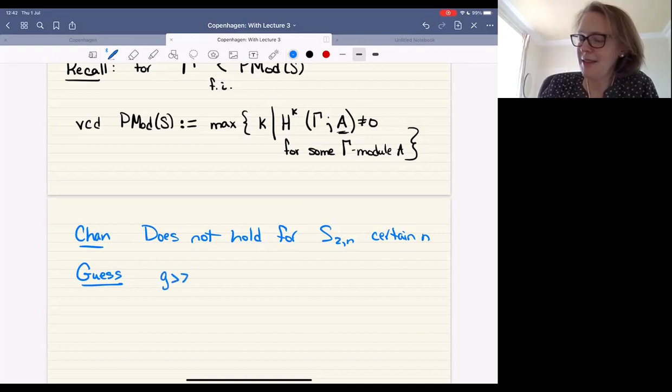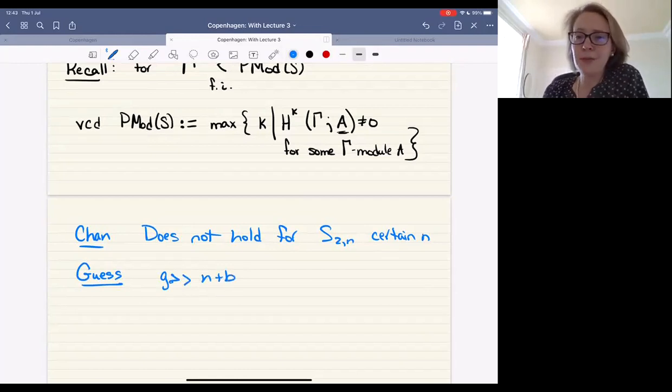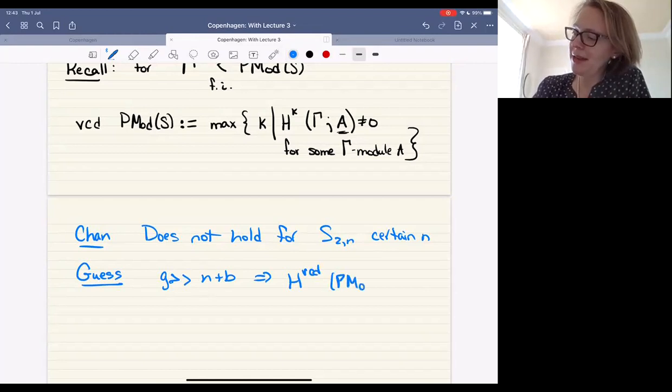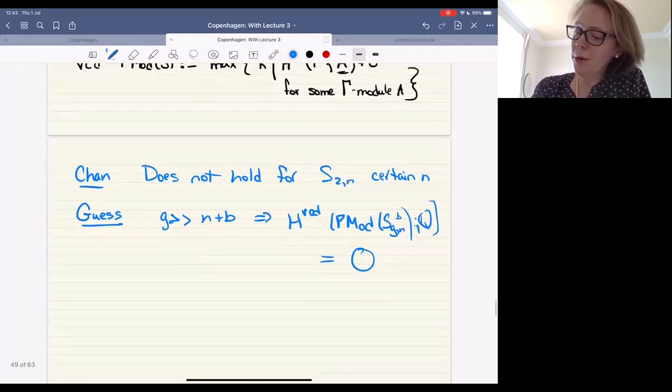Our guess is that if the genus is high with respect to the combined number of marked points and punctures, then what our calculations seem to hint is that this might be enough to guarantee that you're getting zero with rational coefficients in your top homology.